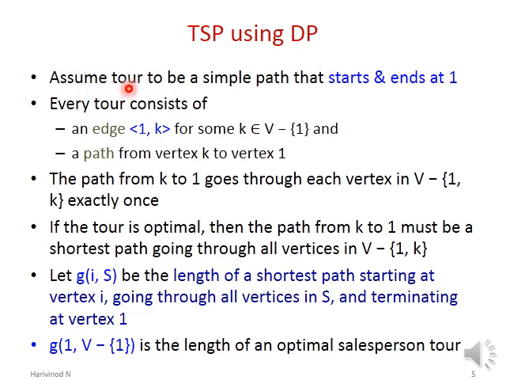Assume the traveling salesman tour to be a simple path that starts and ends with 1. Let us assume city 1 is the starting city and ending city. Of course, we can represent this traveling salesman problem as a graph problem.